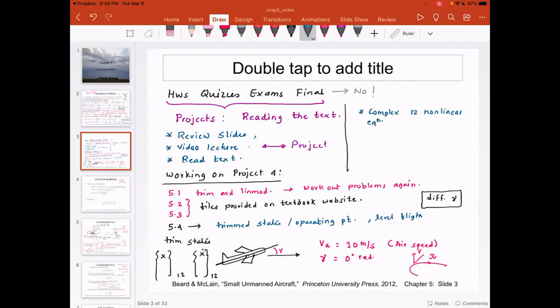And depending upon the algorithm that you choose, depending upon the initial conditions that you choose, your answers or the solution would be different.